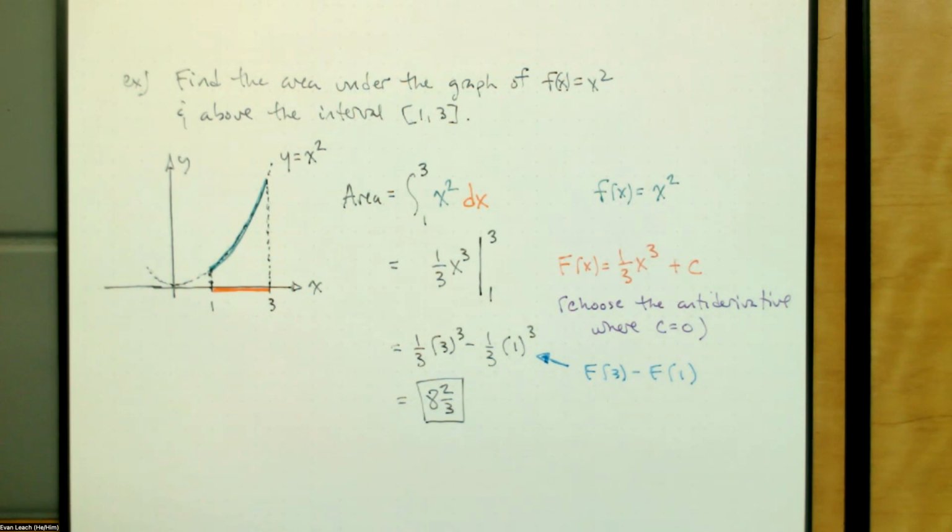That's capital F at B minus capital F at A. And then there's the 8 2/3 that we get.